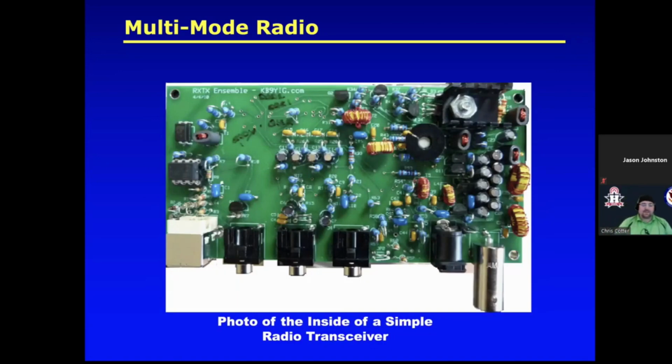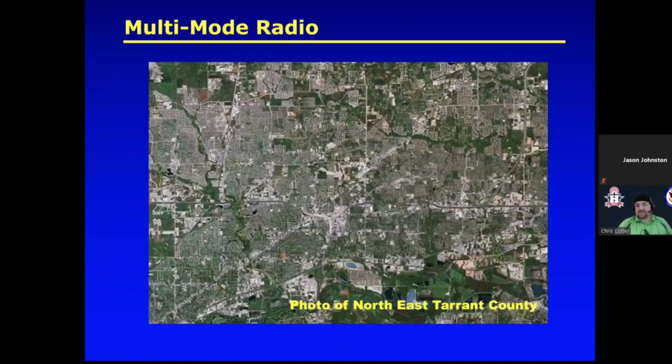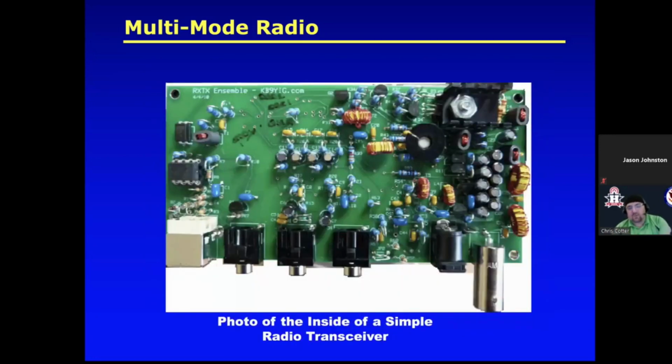So when you look at this, it's basically the same thing as this. You're looking down and you can see the houses, the trees, the roads. Same thing with this. You can see the capacitors, the resistors, and the little roads right there that the electrons travel on.